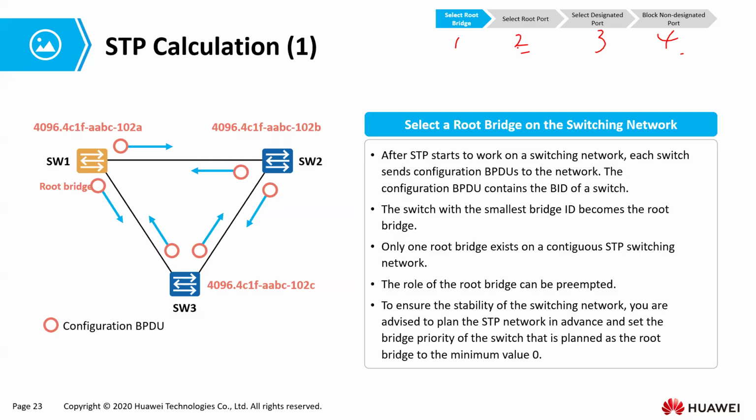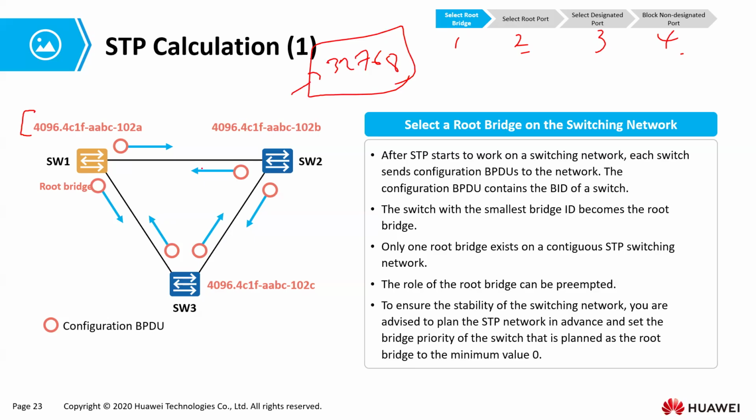Step number 1, easy. Select a root bridge. How do we do that? Compare BIDs. In this example, the bridge priority is the default, 32768. Keep this number in mind.